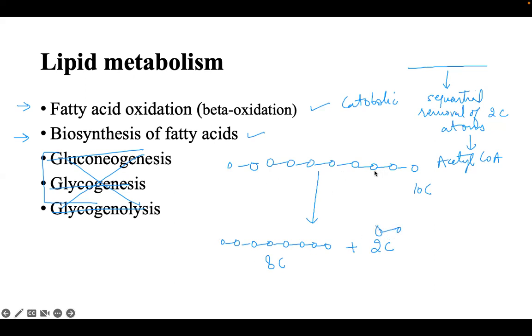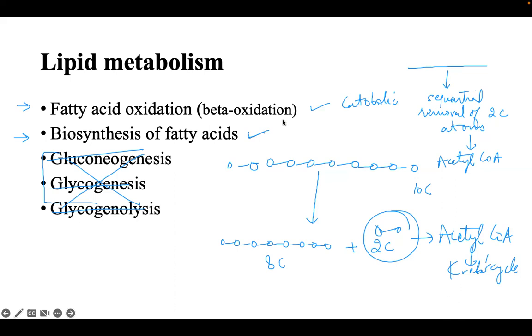So 2 carbon atoms are removed after one cycle of fatty acid oxidation, or beta oxidation. This 2 carbon unit that is removed is the acetyl-CoA. You remember in the first slide, I told you that this acetyl-CoA enters the Krebs cycle and produces energy.